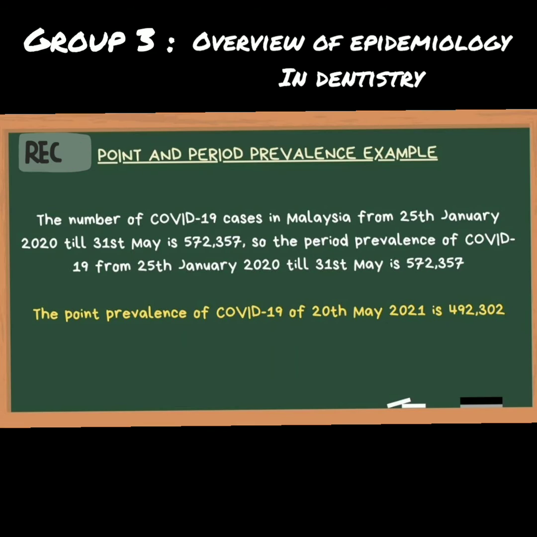Okay, I'm going to give you an example of period prevalence and point prevalence. The number of COVID-19 cases in Malaysia from 25th January 2020, where the first case was diagnosed, until 31st May is 572,357. So the period prevalence of COVID-19 from 25th January 2020 to 31st May is 572,357 people.